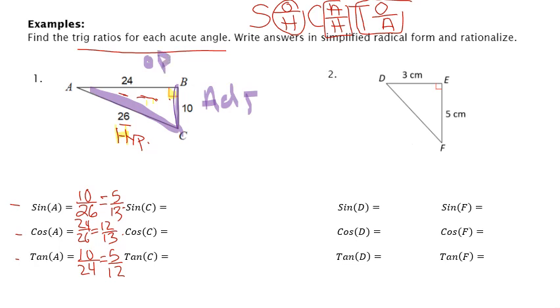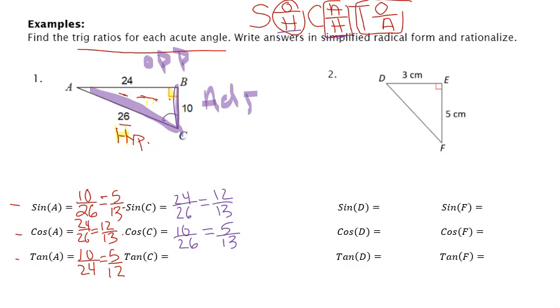this is going to be my adjacent leg, and this is now going to be my opposite. So when we write this out, my sine is opposite over hypotenuse. That's going to be 24 over 26, or 12 over 13. Cosine, adjacent over hypotenuse, is 10 over 26 or 5 over 13.